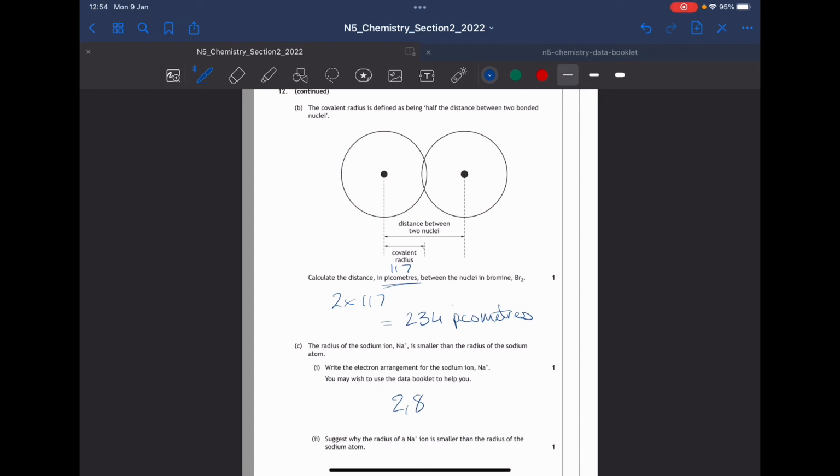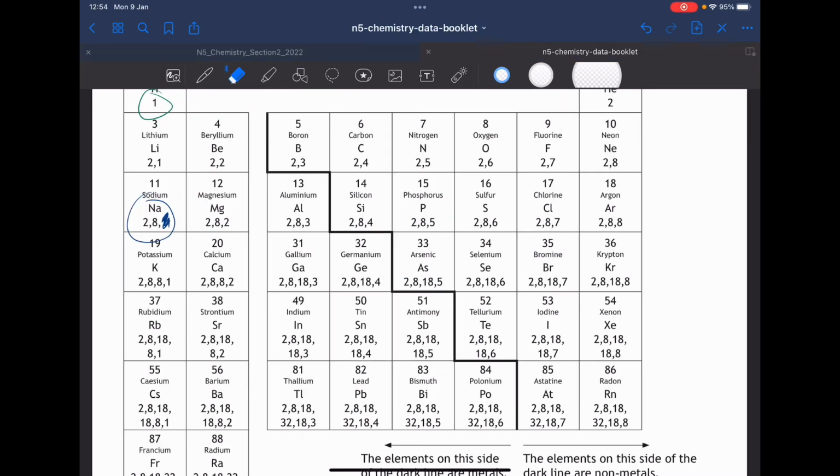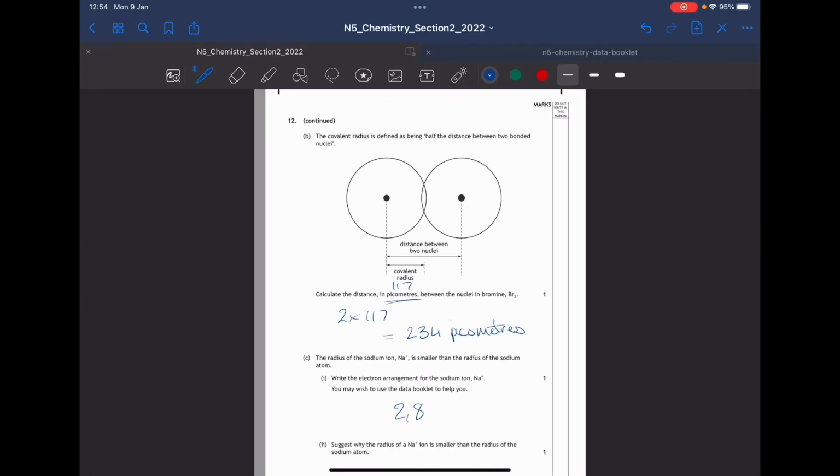Okay, and then suggest why the radius of the sodium ion is smaller than the radius of the sodium atom. So if we go back and look at the sodium atom, now the radius is to do with the size of the atom, so how wide it is, if you like.